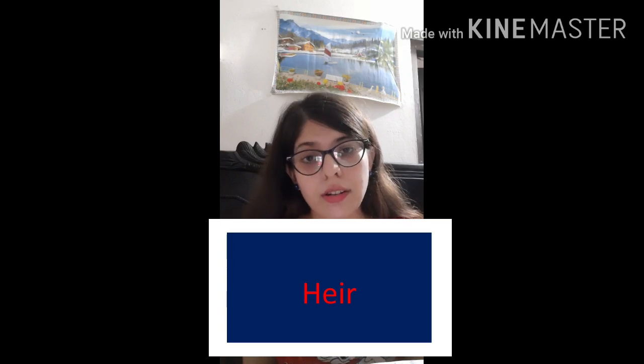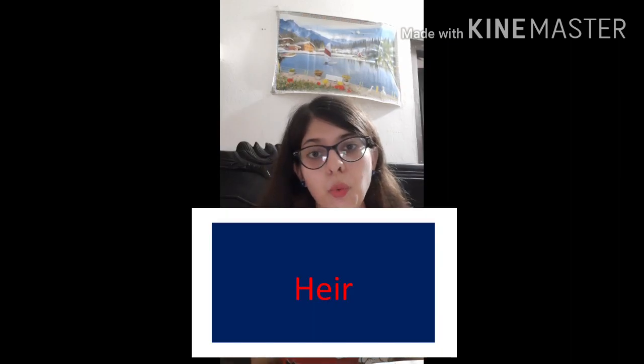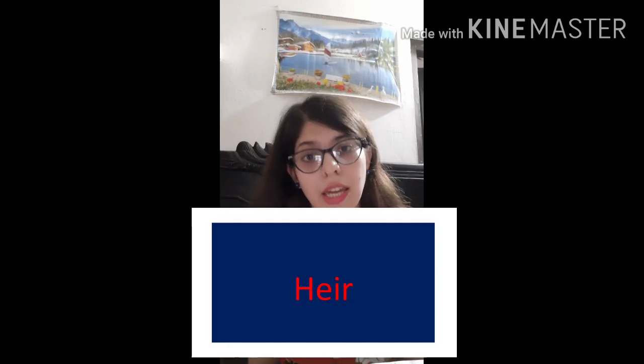Fine. So the next word is H-E-I-R. Now how do we pronounce it? It's very tricky but very interesting. Is it hair? No, it's air. If we see the letter H, it is silent here. Like in our previous two words, K was silent, here H is silent. So we speak it as air.